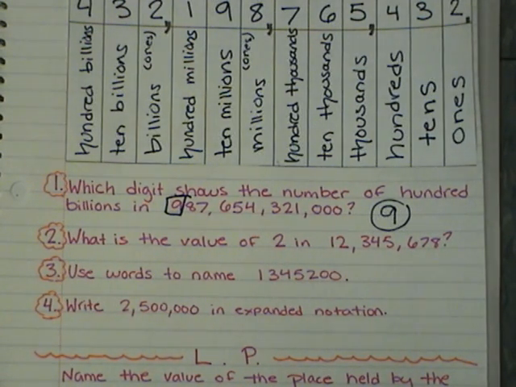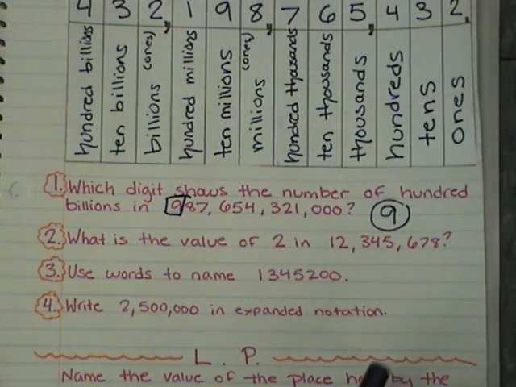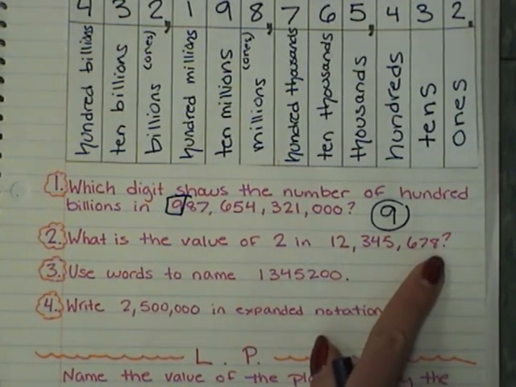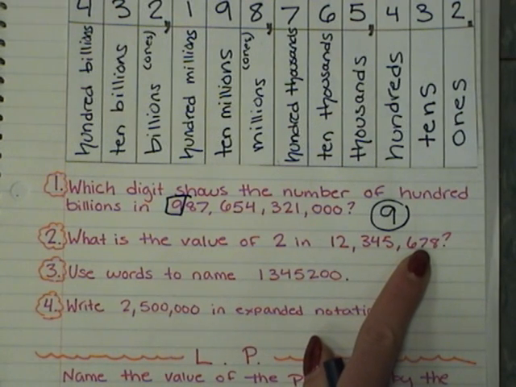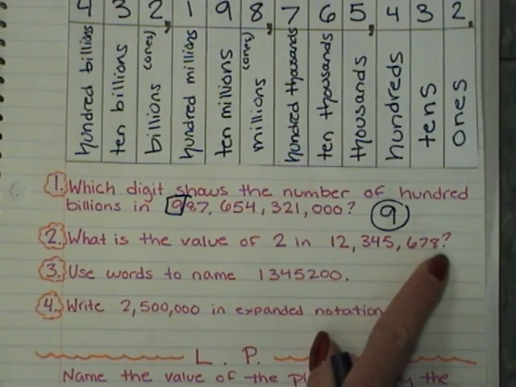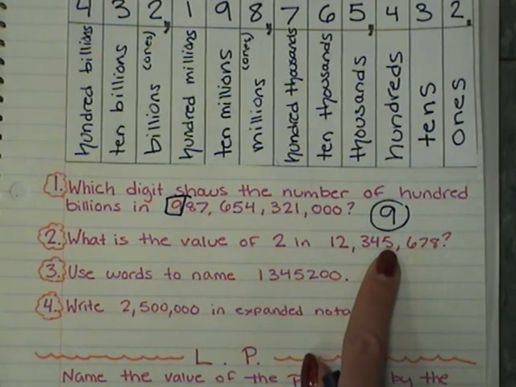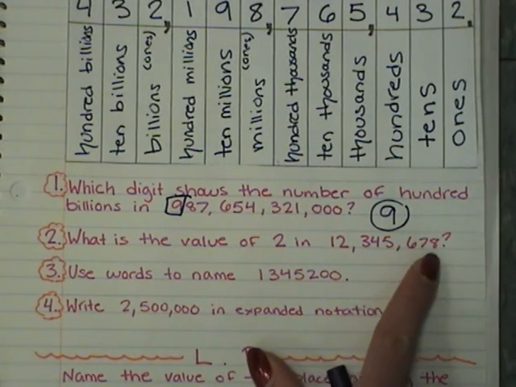All right, the next one says, what is the value of 2 in this number? So if we're looking at this number, we want to know what does 2 represent? And so here, if you want to, I always start from the back and work my way forwards. We have 8, so this would be 8 ones. This would be a 7, so it's in our tens column, so we know we have 70. Our 6 in our hundreds, so we have 600. Our 5 in our thousands, so we have 5,000.